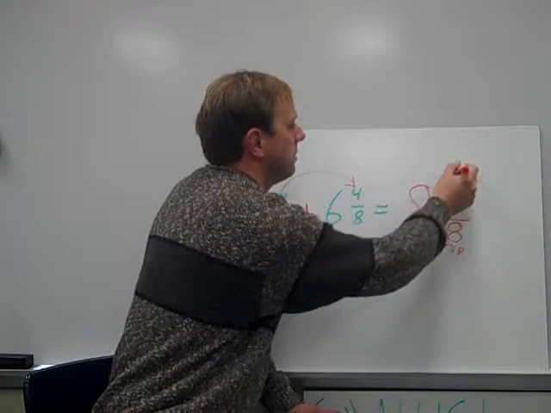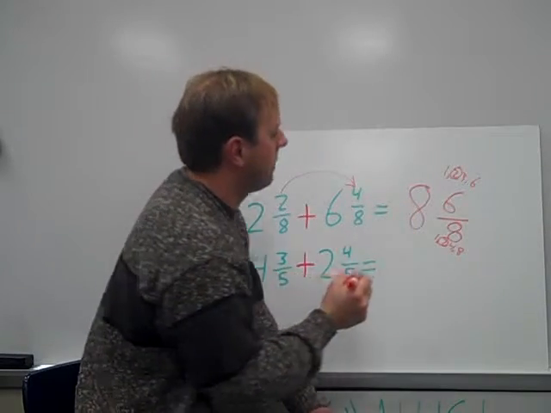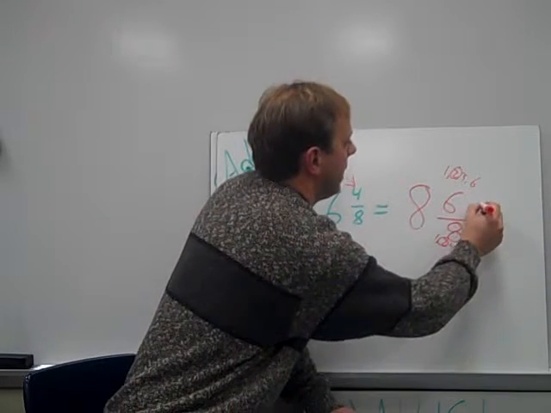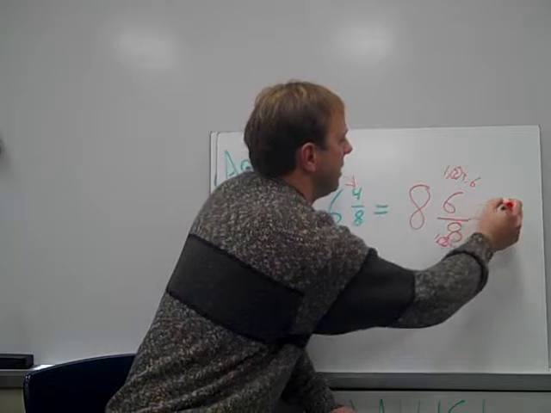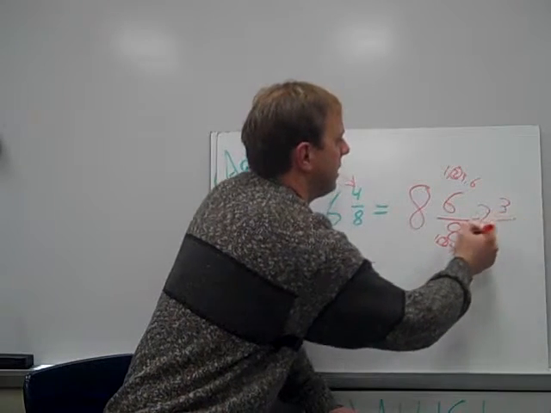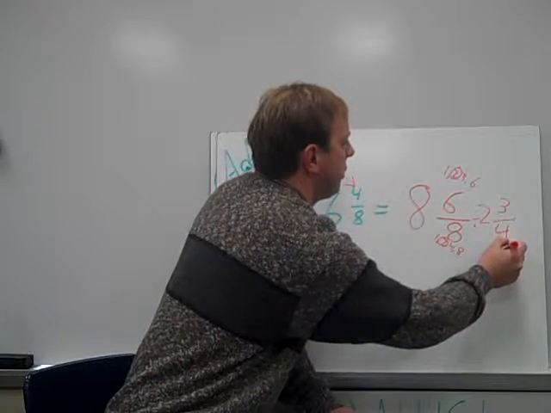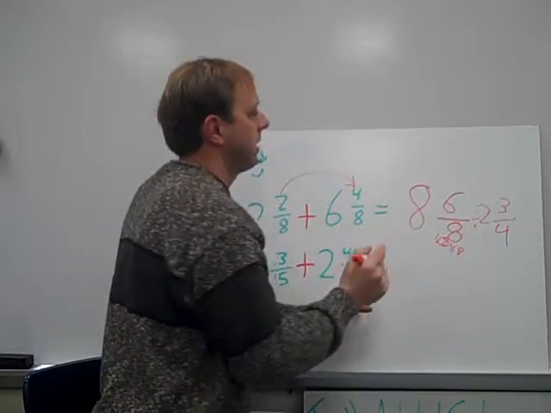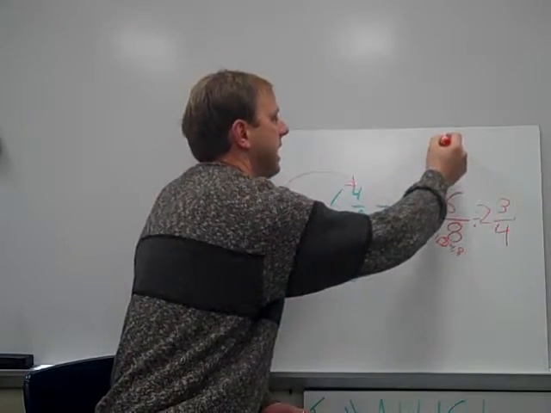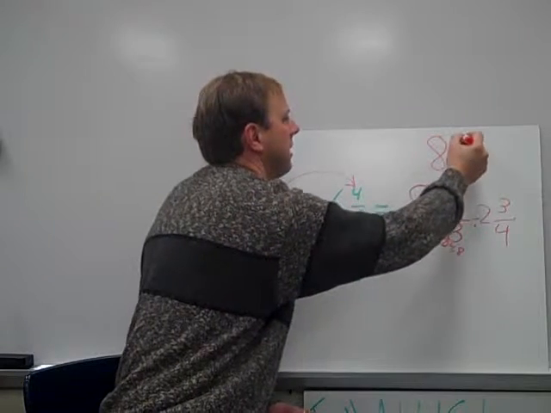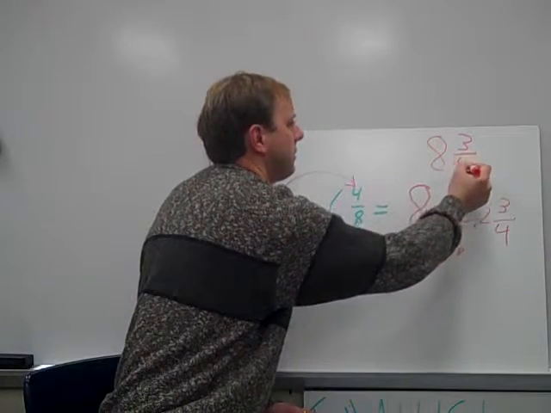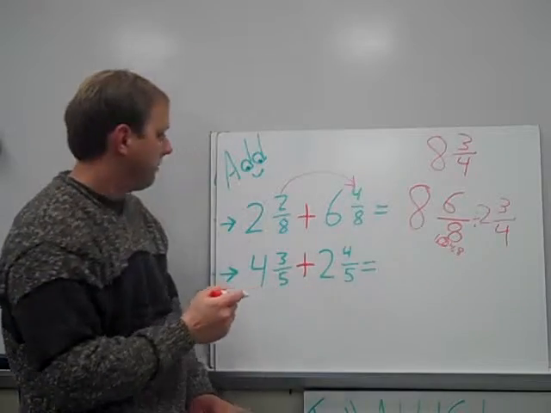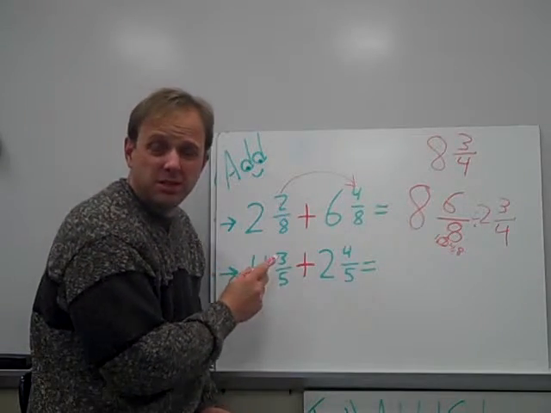So 2 is my greatest common factor. Dividing by 2, 6 divided by 2 is 3, 8 divided by 2 is 4, which means my final answer is 8 and 3/4.